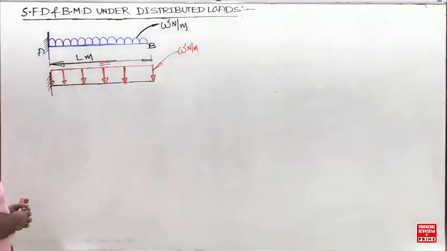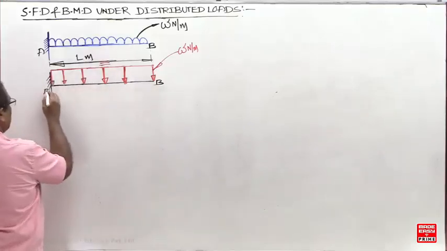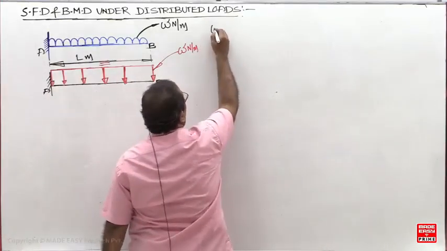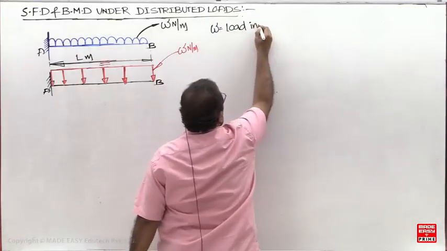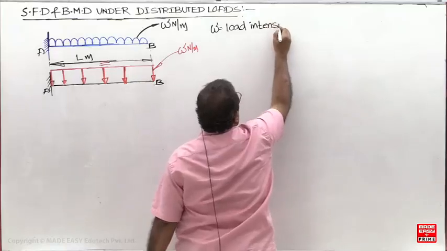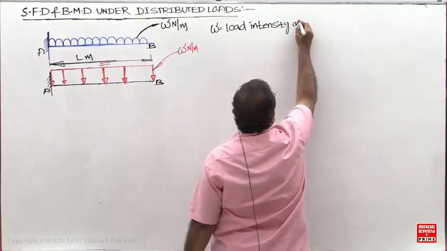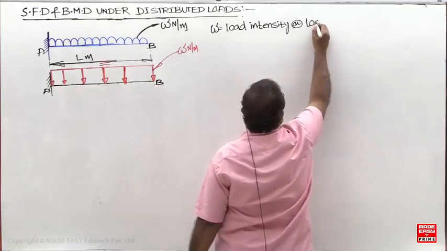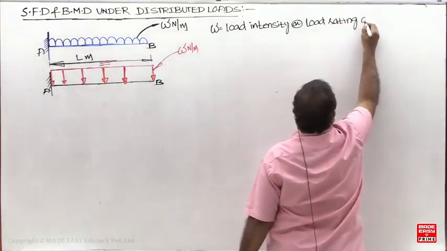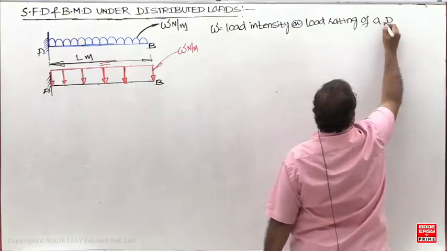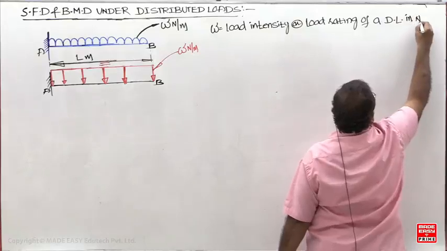The small w is called load intensity or load rating of a distributed load. UDL means uniformly distributed load, in kilonewtons per meter.